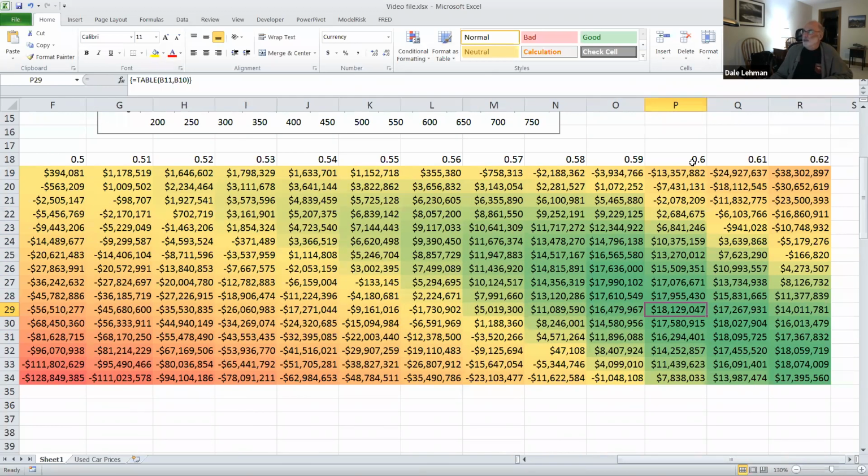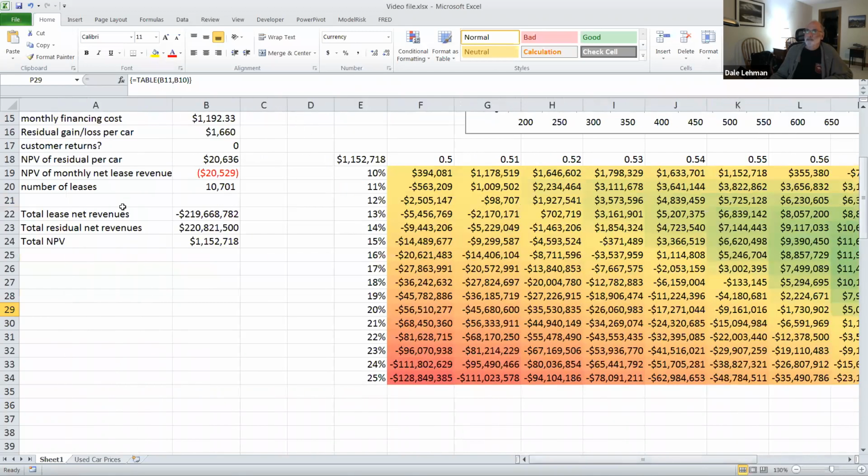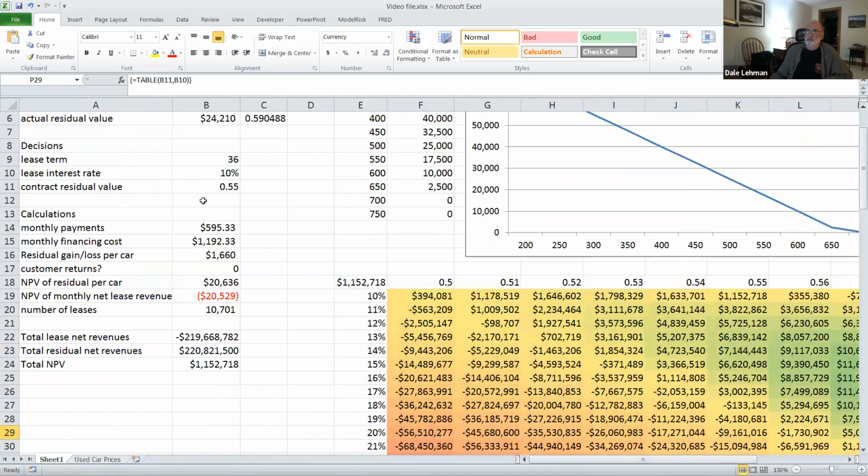Looks like we'd want to set the contract residual value at 60% and 20% interest. There's our 18,129,000. Monthly payments of $609. We are only selling 8,578 leases, but we're making a lot of money off them.